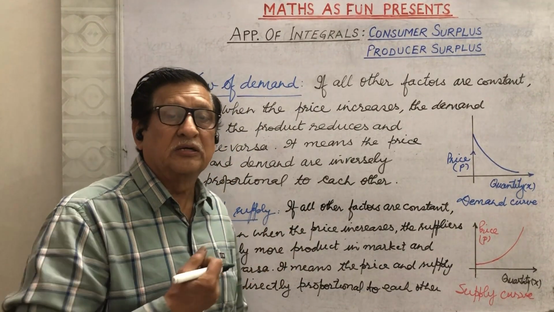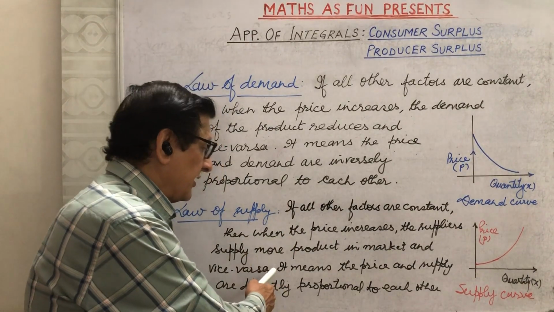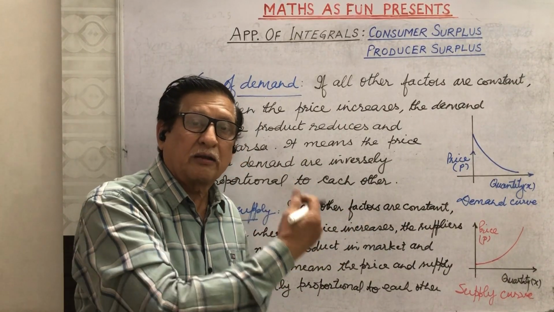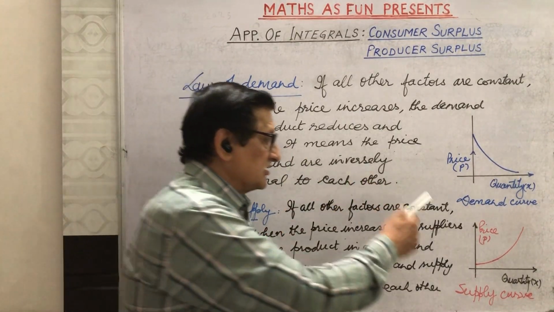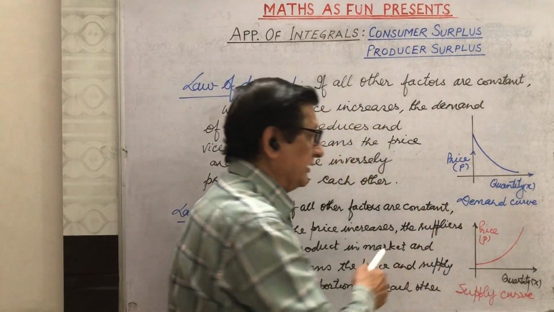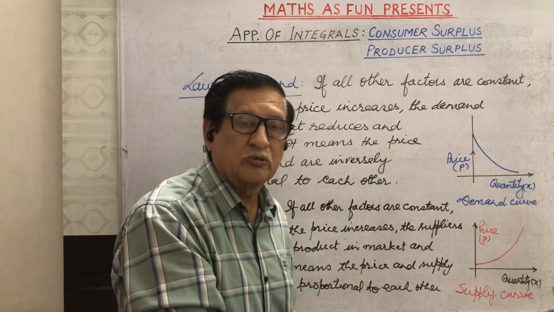This is just to get more profit on the products. And that's why we can say that the price and the supply are directly proportional to each other. We can see in the supply curve, the price and quantity are related such that the curve goes up. It is in increasing order.